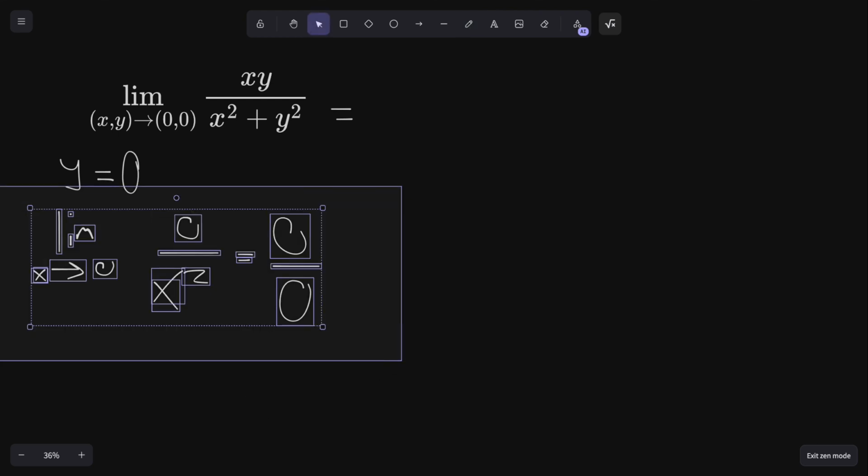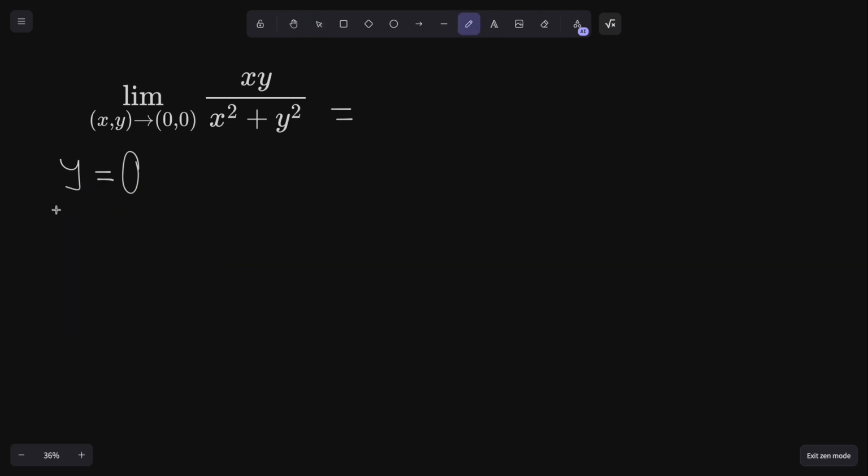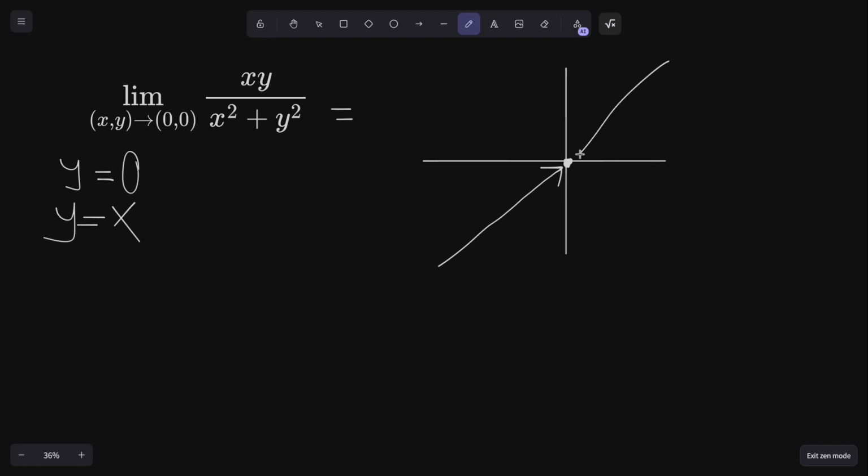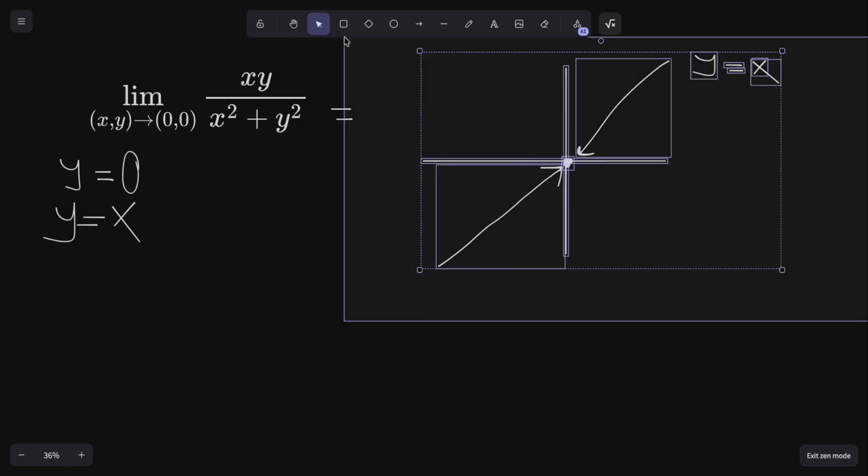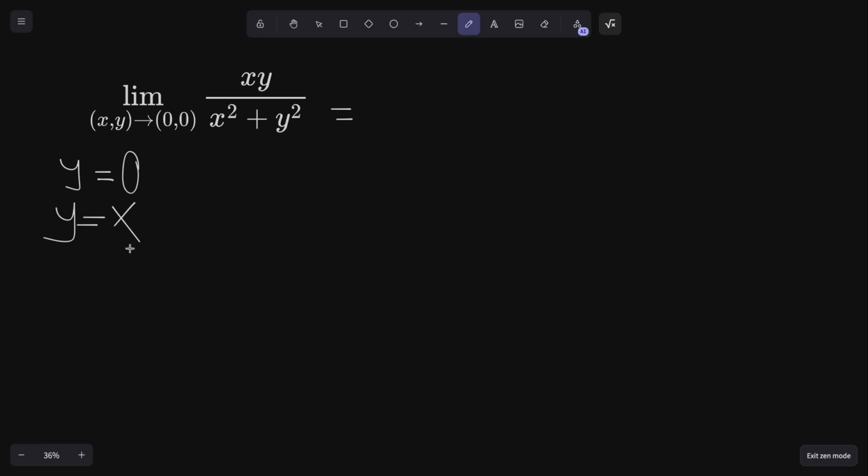Okay. Let's try y equals x. Let's approach along the line y equals x. So on the xy coordinate plane, you've got (0, 0), and let's approach it along y equals x.